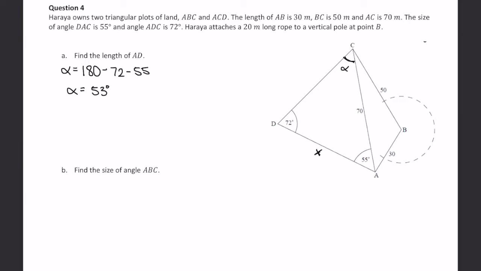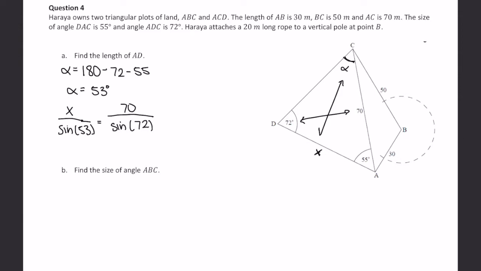From there we can use the law of sines because we have one complete side-angle pair and one halfway complete side-angle pair that involves the side we're looking for. The law of sines allows us to set up the proportion x over sine of 53 degrees is equal to 70 over the sine of 72 degrees.